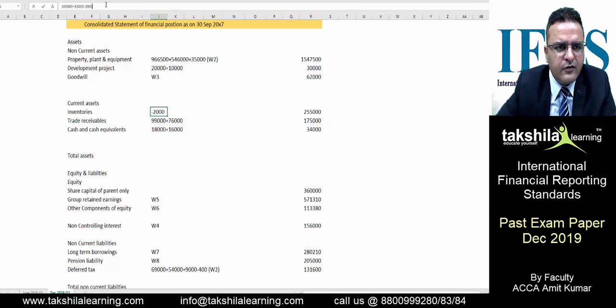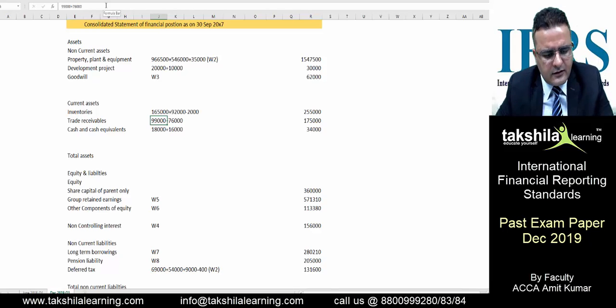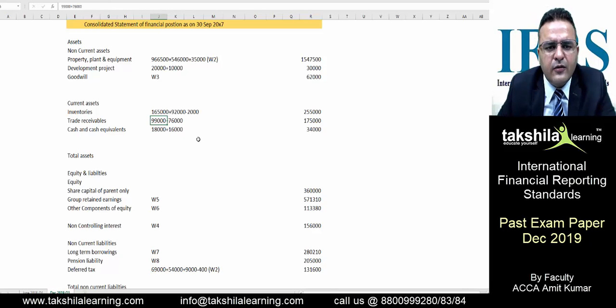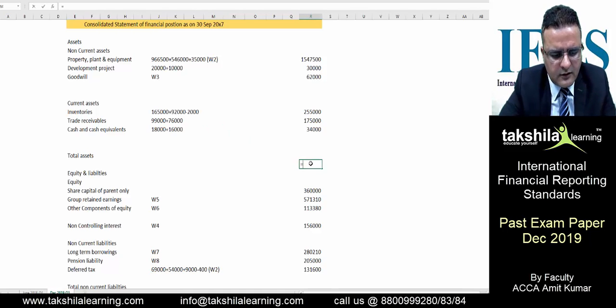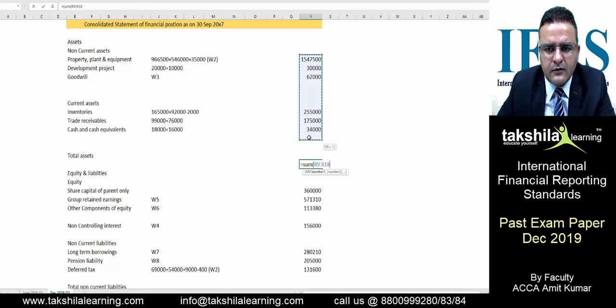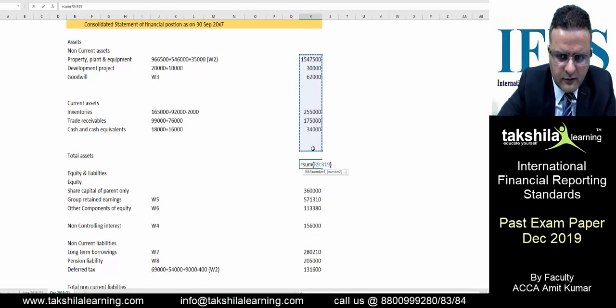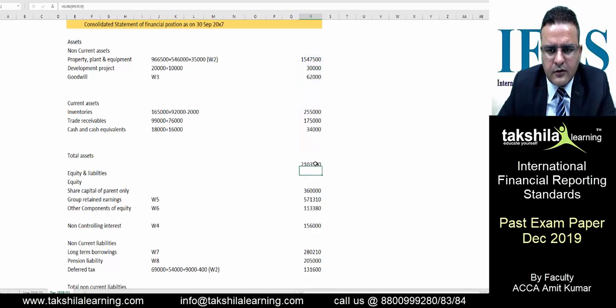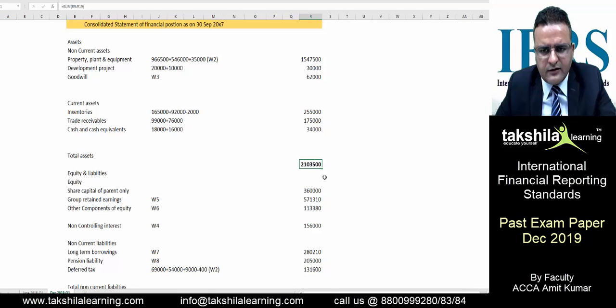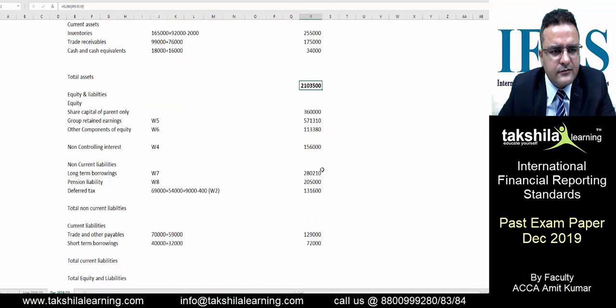In inventory, there is an unrealized profit of 2,000. 1,600 is deducted from group retained earnings. 400 is deducted from deferred tax asset. 2,103,500 is the total of assets.